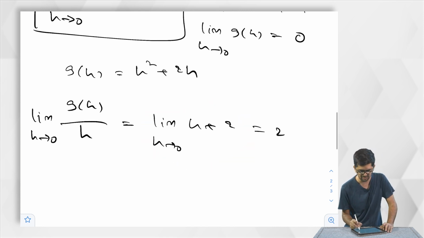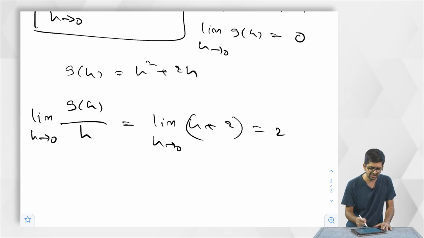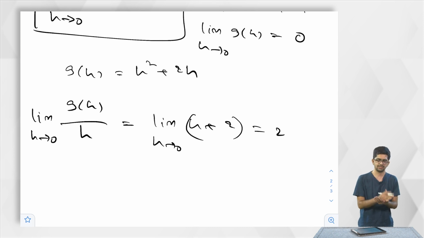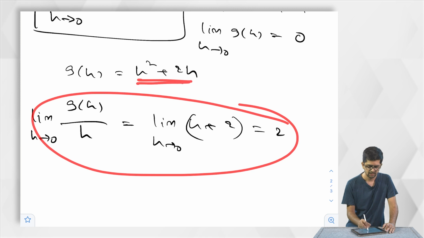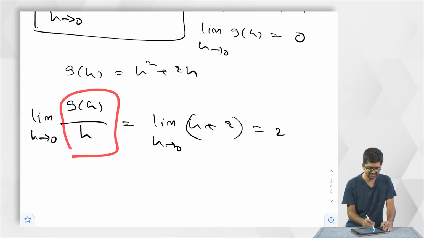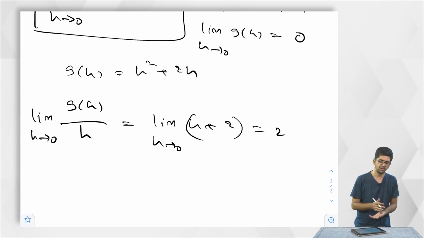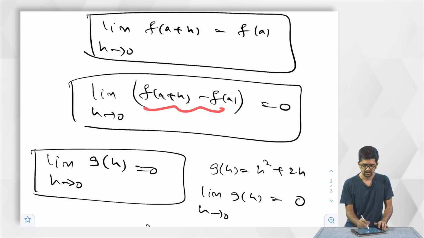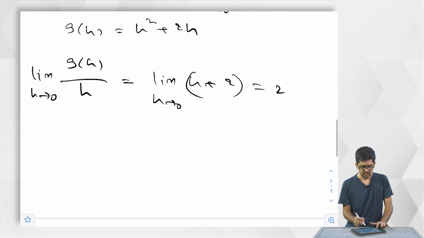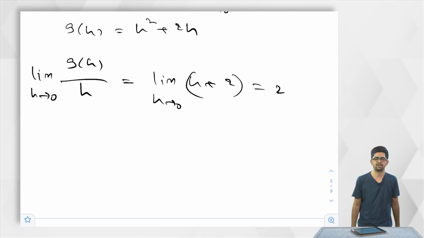This is true, but it is not relevant here, but the limit exists. So polynomials with no constant term are nice in this sense. Even if I divide by h, the limit still exists. So this is what we want to have for this difference, f of a plus h minus f of a: we want it to satisfy this property.